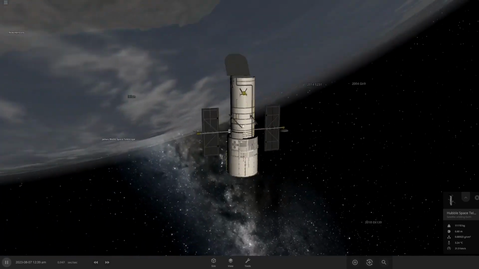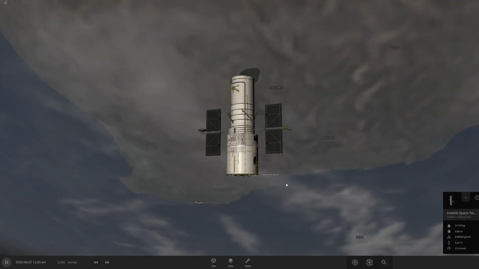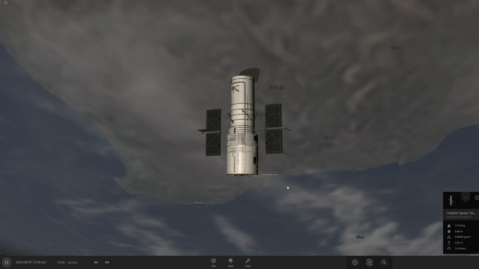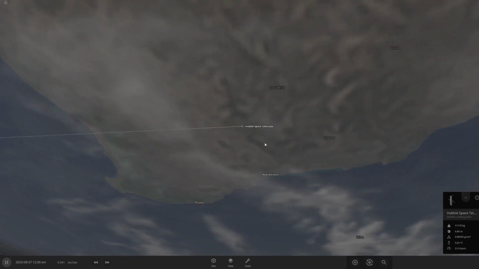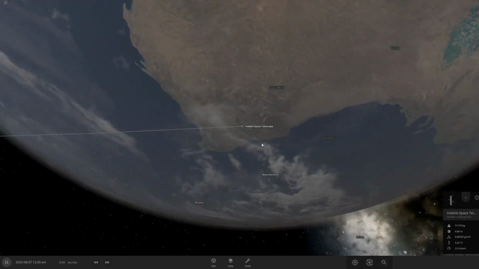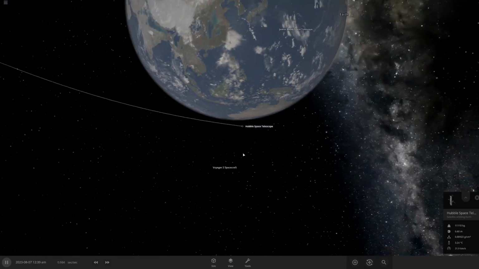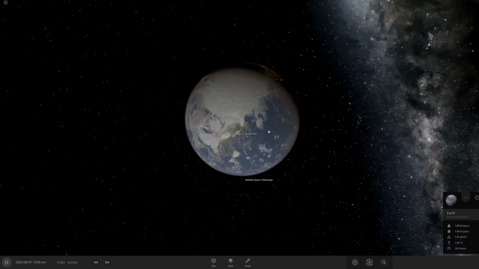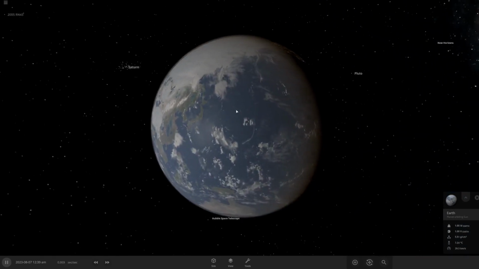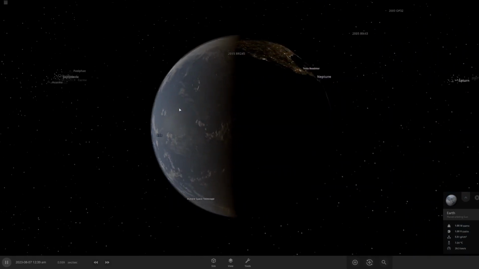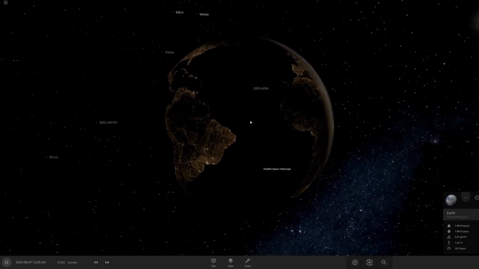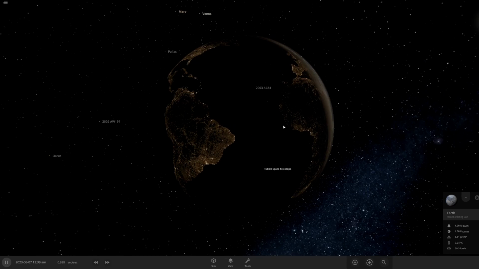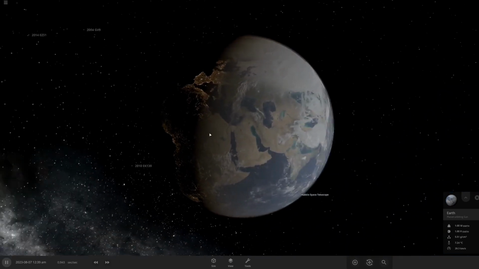It looks like it's frozen, but it's actually traveling so fast. Earth is made up of a lot of unique elements and chemicals that aren't present in a lot of our solar system. It's what makes Earth so conducive for life here.